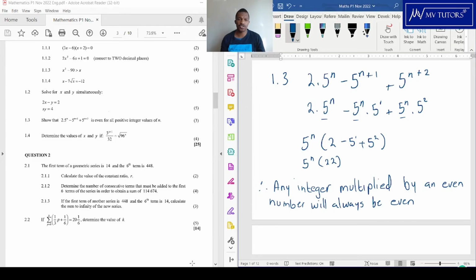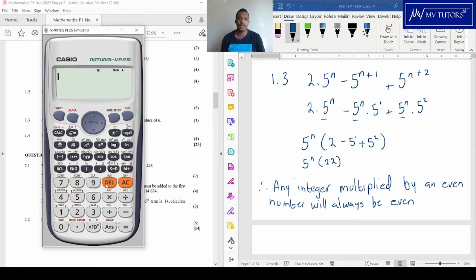Let's just try it. Let me show you what I mean. 5 to the power 1, or let's go 3, even if we put times 22. See the answer? That's an even number. It ends with a 0. And n can be any value. Even if we put 5, still an even number.